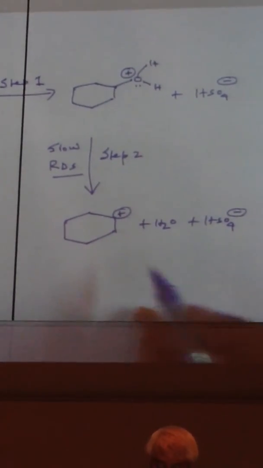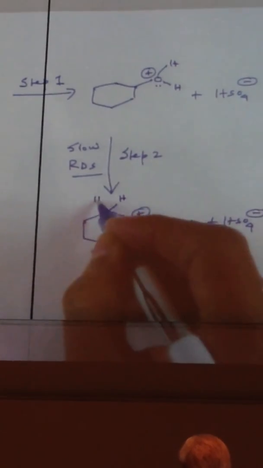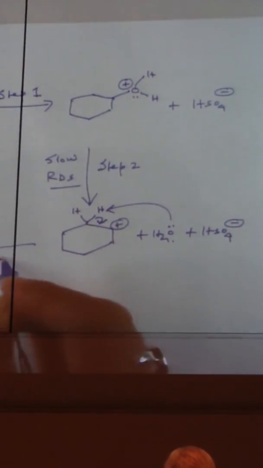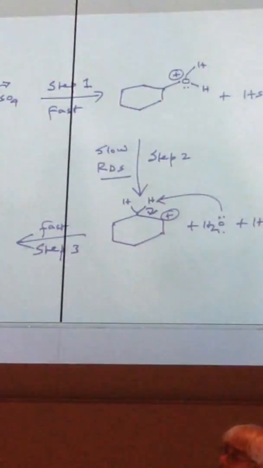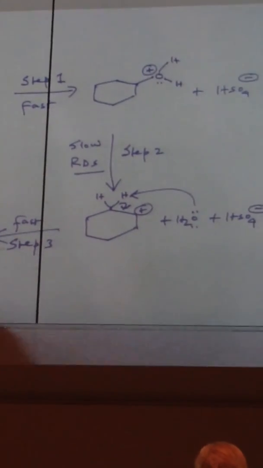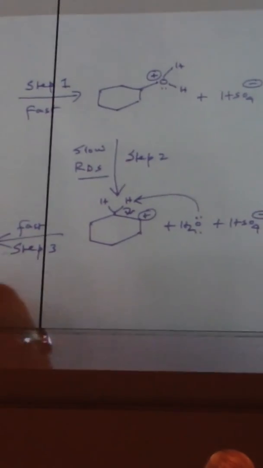So what happens is the water molecule can pick up one of the protons, acting as a base. Step 3, which is relatively fast, and generates the alkene.